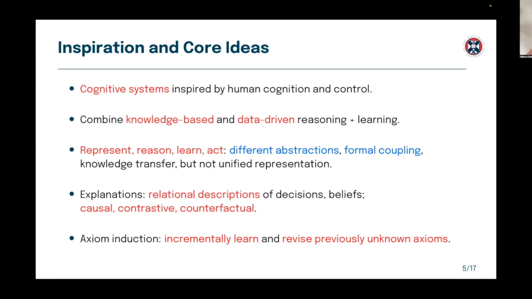We have different components for representation, reasoning, learning, and acting, with different abstractions, but with knowledge transfer which couples them together. To provide transparency, we want the agent to be able to provide relational descriptions of its decisions and beliefs. We also want the agent to be able to interactively learn and revise previously unknown axioms, so it can learn new things and merge those axioms into its existing knowledge base.